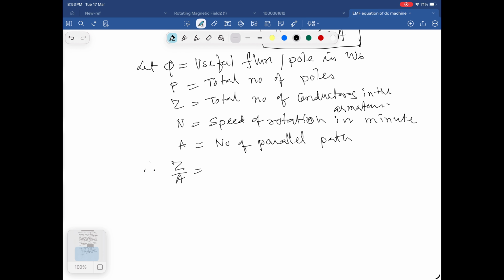Now, total number of conductors divided by number of parallel paths is equal to the number of conductors in series for each parallel path.